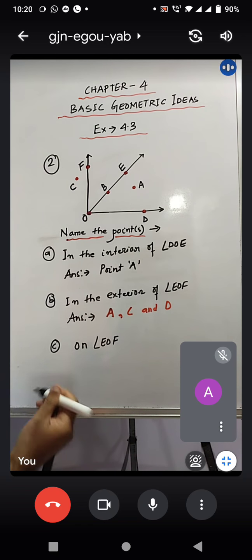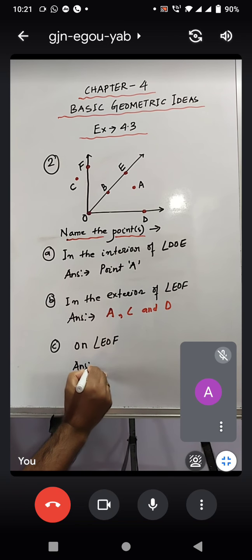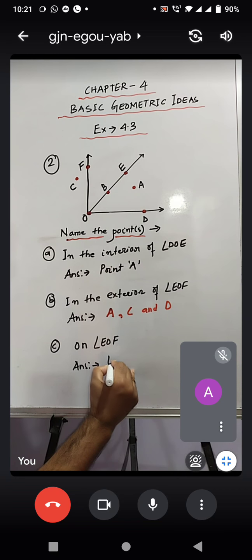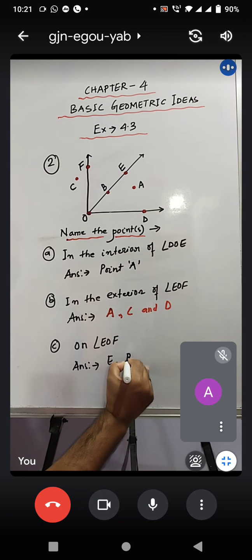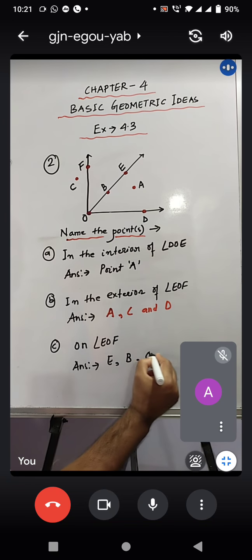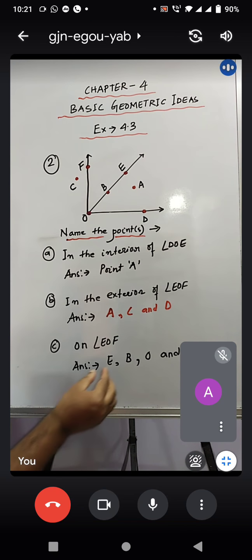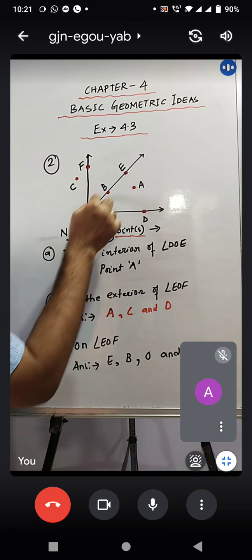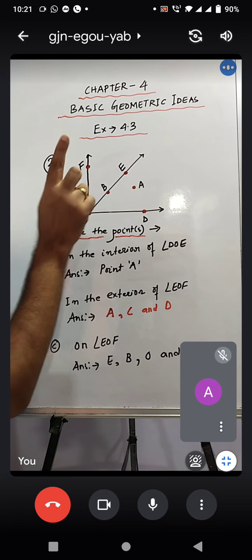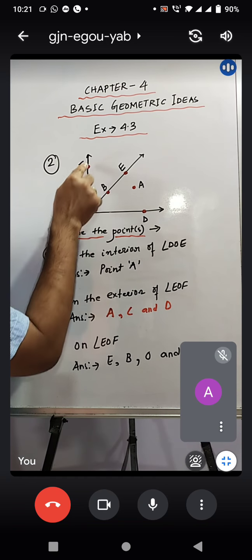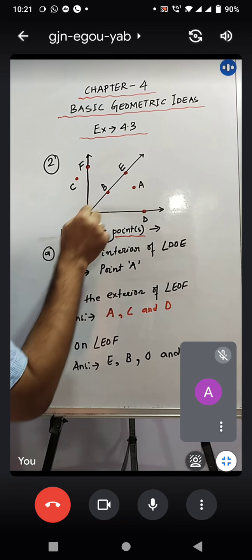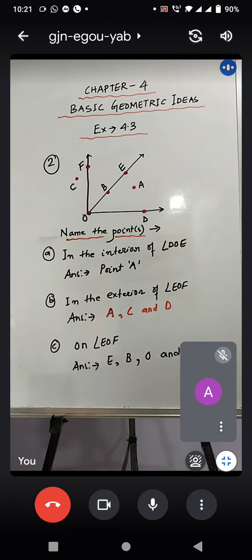Okay, so the required answer would be E, B, O and F. Okay, these are the 4 points which lie on the angle EOF. On the angle means on the line, that is, on the lines. Okay, so this is the solution of question number 2. I hope everyone has understood.